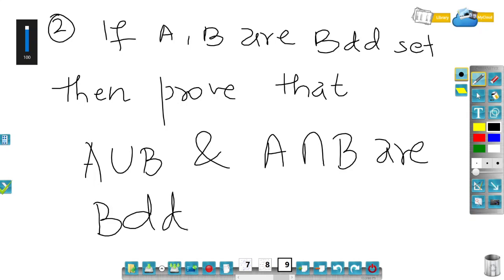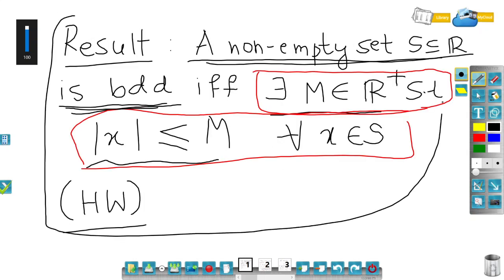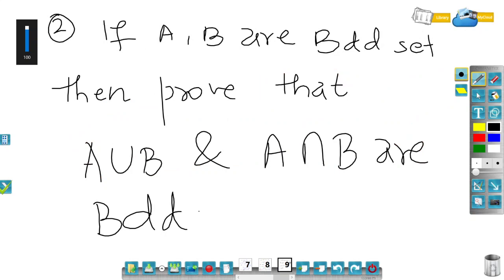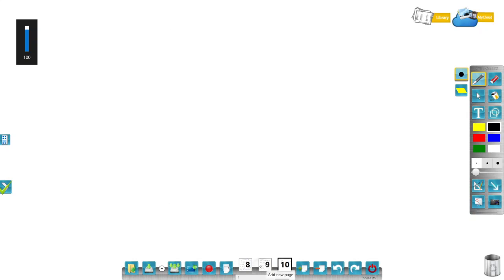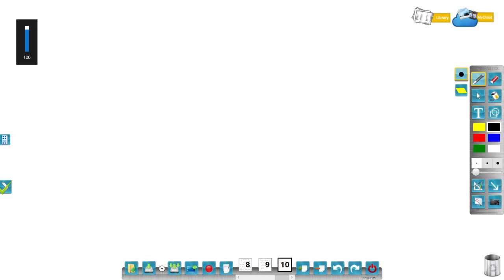Well, I will not be proving this. The proof of this is purely based on this result. So if you have understood this result, you just have to use it. You can easily prove it. This proof is already given in the notes which I have provided, so you can refer to the notes. So this could be homework again. Maybe in lectures we will discuss the proof of this.